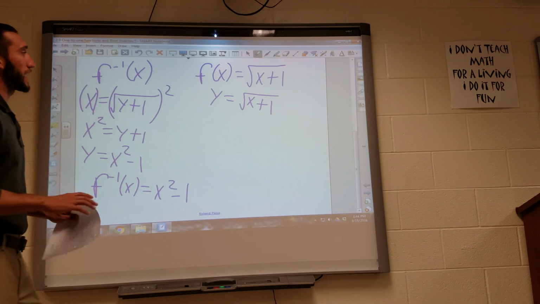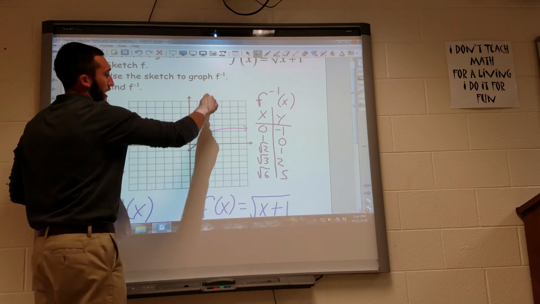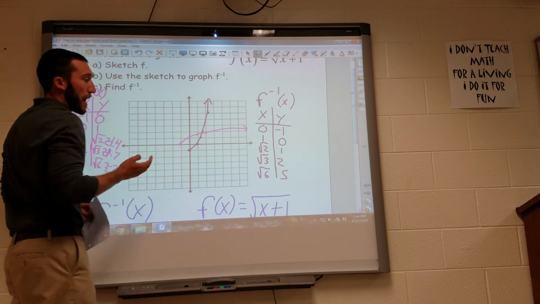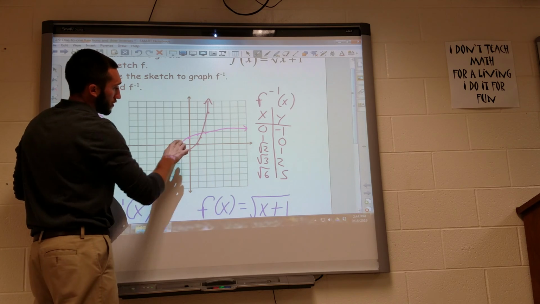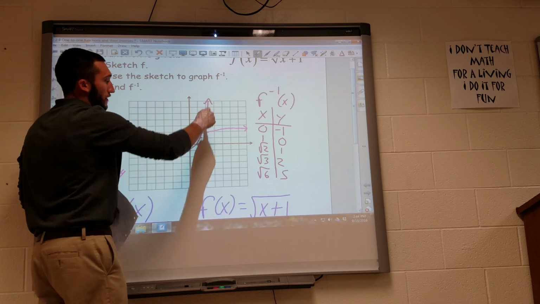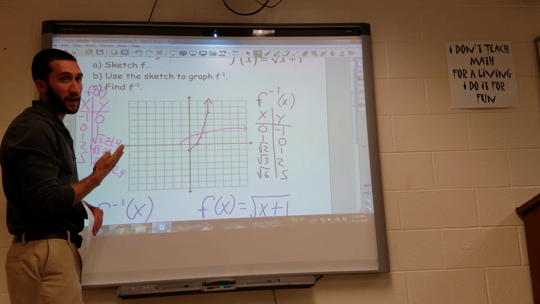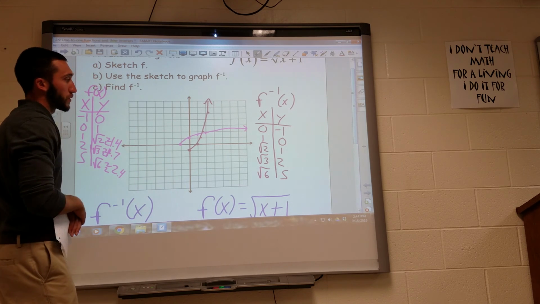And if you graph x squared minus 1, you are going to get this graph, like it's just a parabola. However, the domains must stay the same. So here, see how we did not cross the x-axis? So here on the inverse, we can't cross the y-axis, right? So that's why it starts here when we flip over the square root of x.